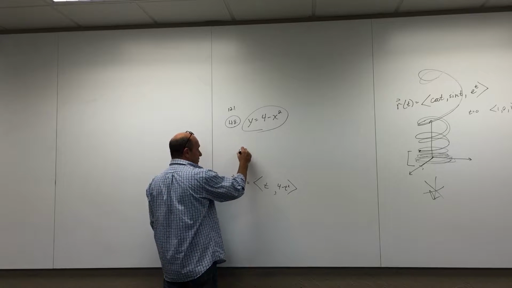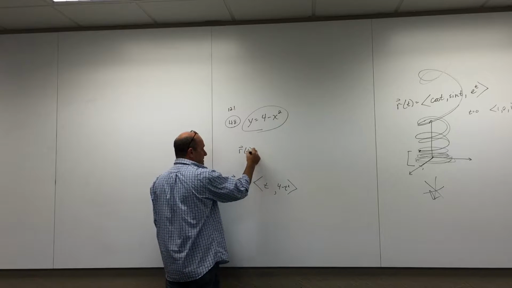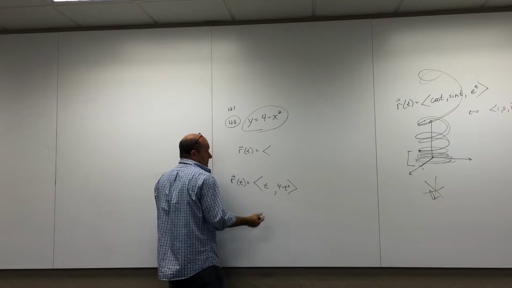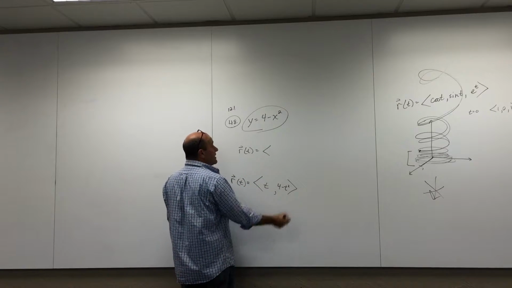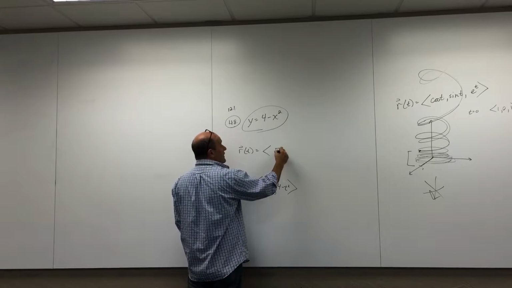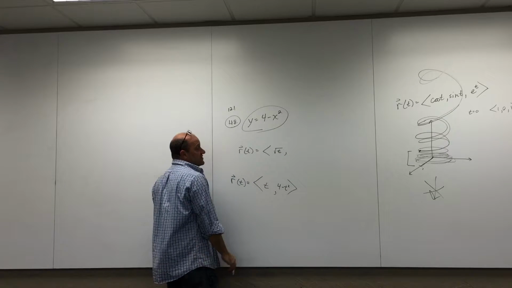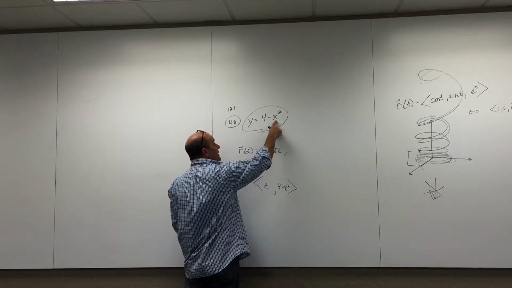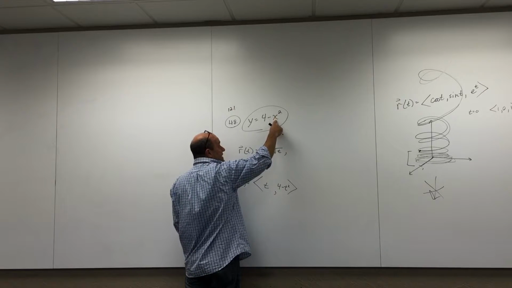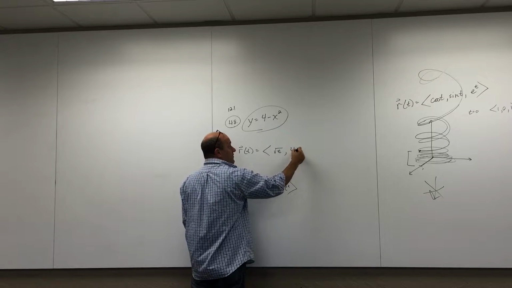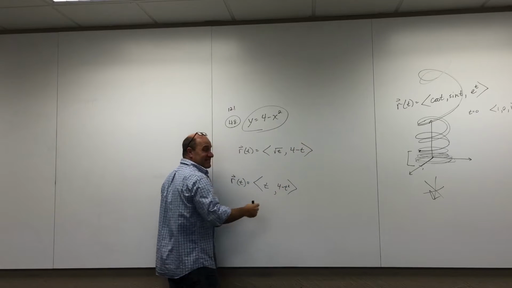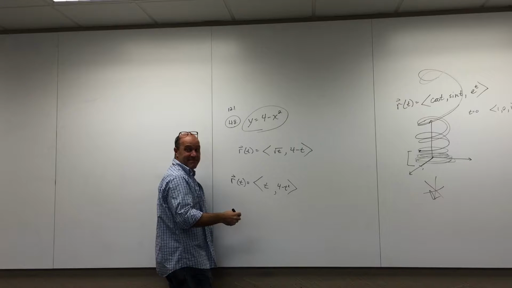But there are other ways to parameterize it. Here's another one. Somebody might decide, I want x to be the square root of t. And if x is the square root of t, then I plug it in there and I square it, I get t, so then what's y? 4 minus t. You follow me?